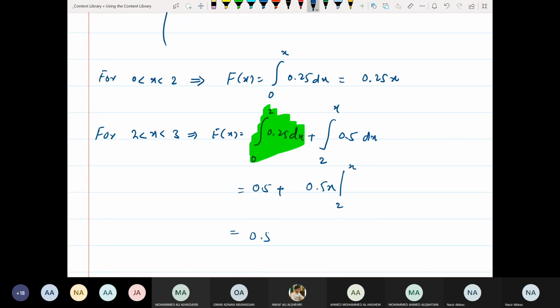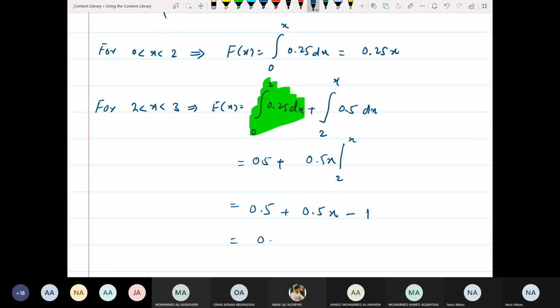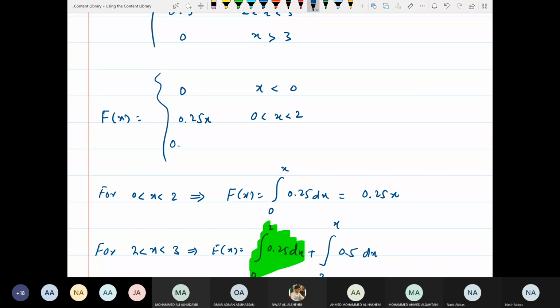So it will be 0.5 plus 0.5x minus 1. So that should be 0.5x minus 0.5. So this should be your CDF, 0.5x minus 0.5 from 2 all the way up to 3, and above 3 it is 1 simply. This is how you will find the CDF.